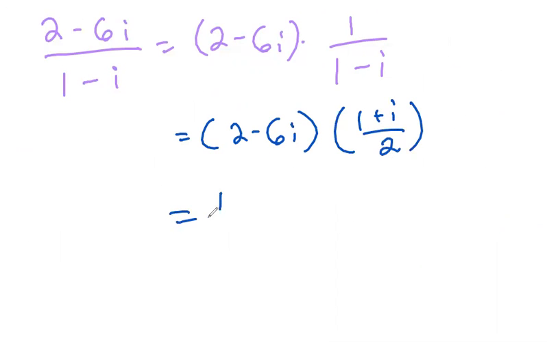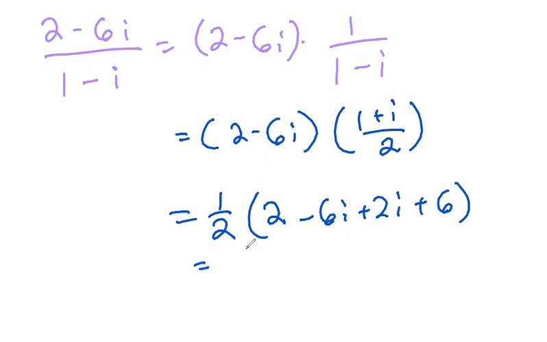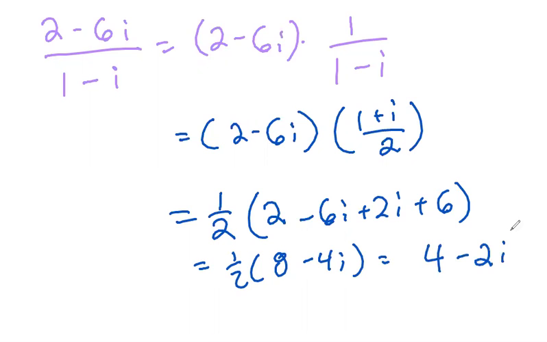Okay, so then putting all of this together is just a straightforward multiplication. 2 times 1 is 2, minus 6i plus 2i, minus 6i times i will give us plus 6. And so our final answer is going to be 1/2 times 2 plus 6 is 8, minus 6 plus 2 is minus 4i. And so that looks like we end up with 4 minus 2i. So that is how you divide one complex number by another.